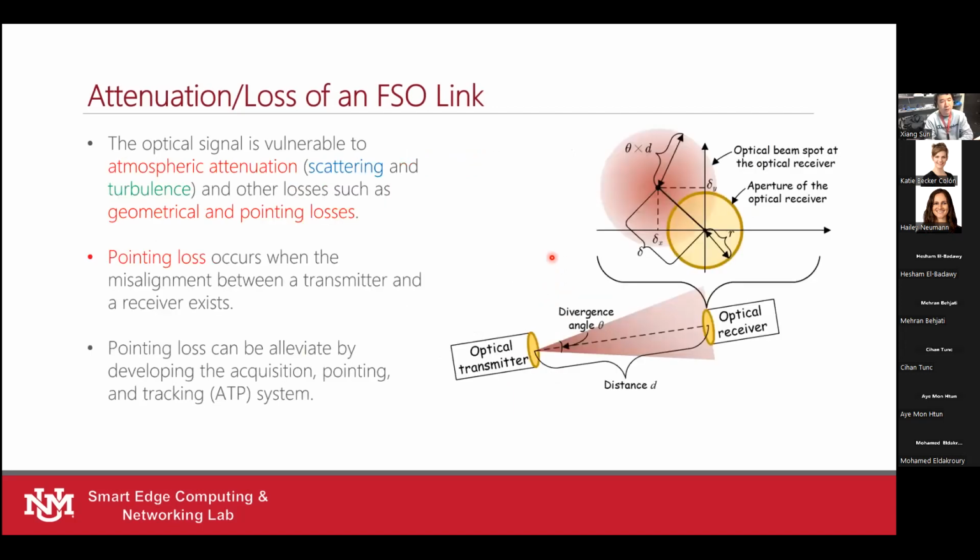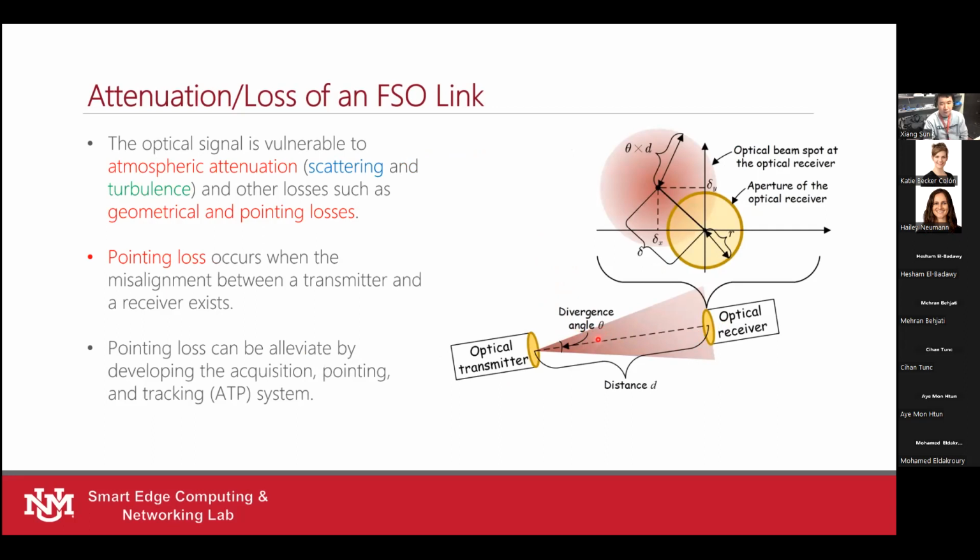So the last type of the loss is pointing loss. The pointing loss occurs when a misalignment between the transmitter and the receiver exists. This misalignment could be caused by, for example, the turbulence that I mentioned before, or other reasons.